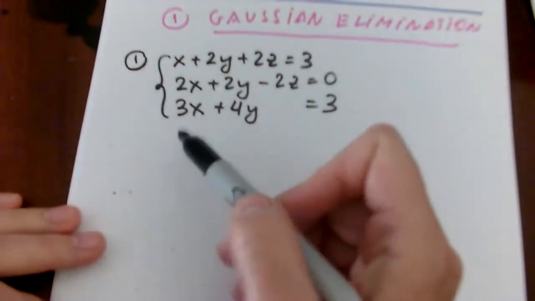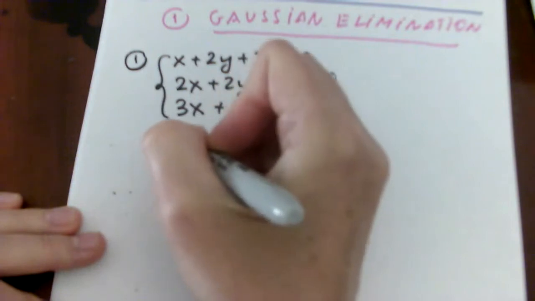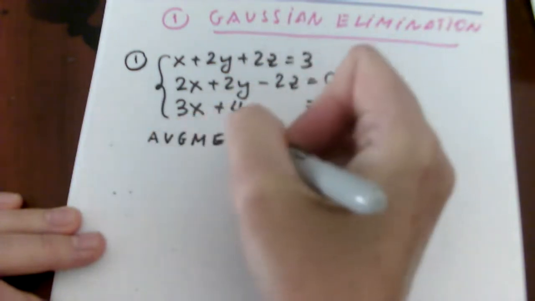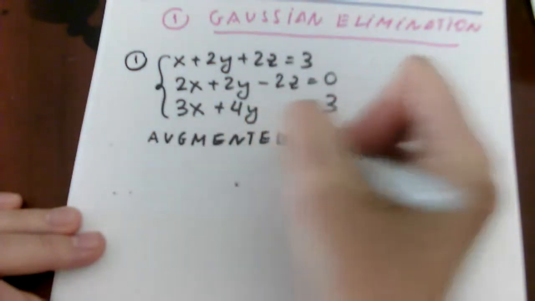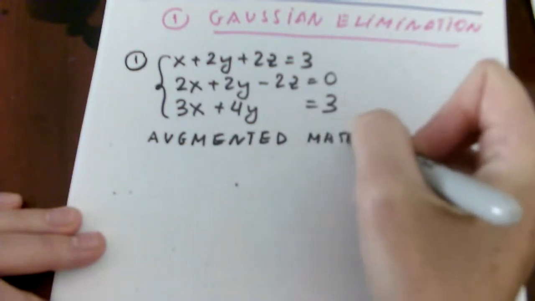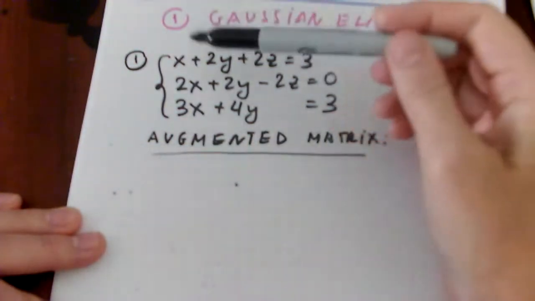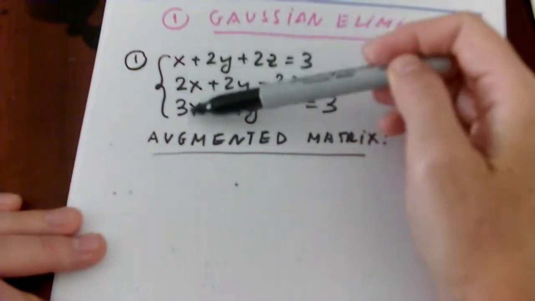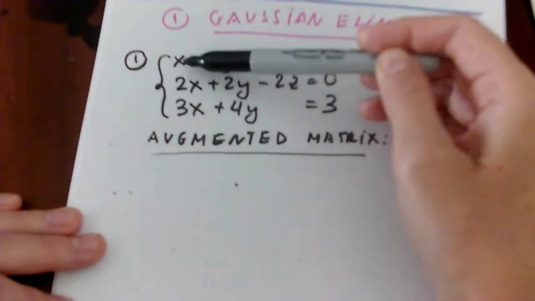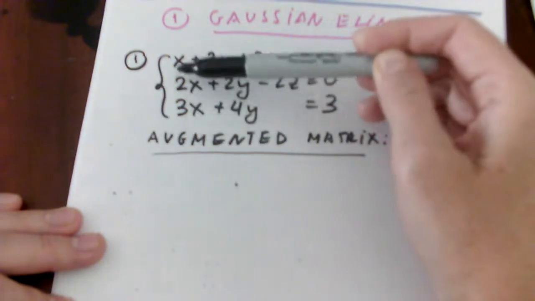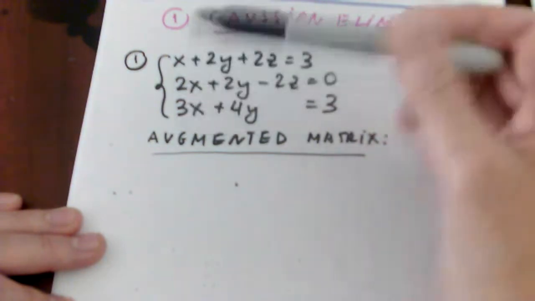First of all, you need to write down the so-called augmented matrix of the system. What is this? Look at the system. You can explicitly see that the first column is about variable x. And these x's have coefficients 1, 2, 3.